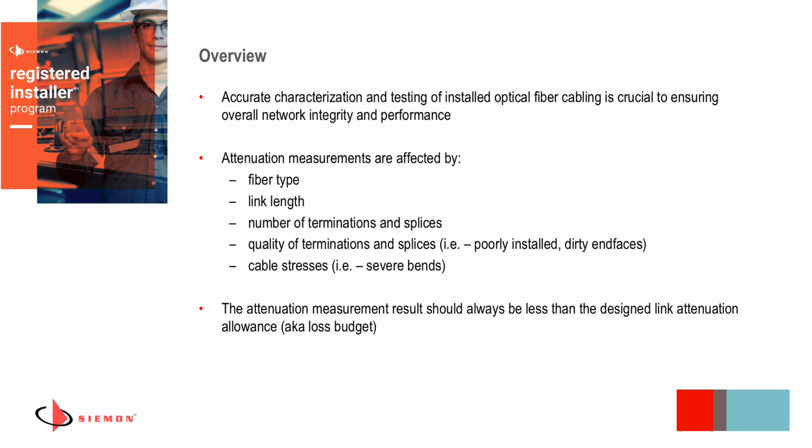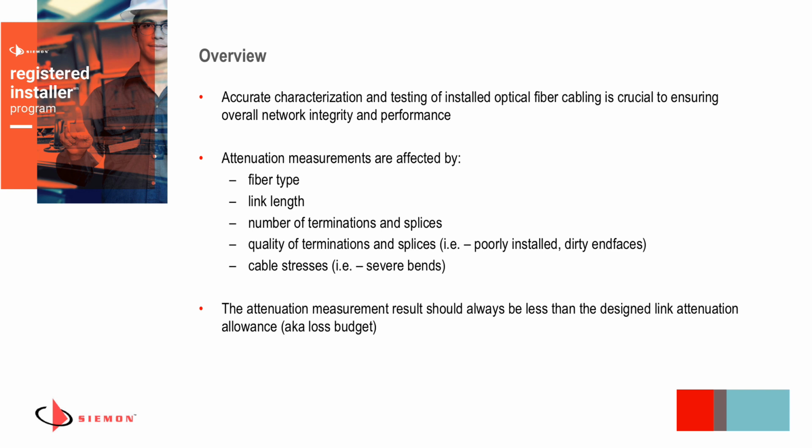So like copper systems, optical fiber systems require proper testing to ensure that they're installed as intended and accurately characterized so that the transmission can be completed and there are no issues for the end user. Now, there are a number of considerations that we need to factor in when we think about overall performance of the cabling. Primarily you're going to measure attenuation for these systems, which is affected by the type of fiber that you're using, how long it is, and the type of termination methods, which impacts how many connectors you have in the channel and how many splices you have in the channel.